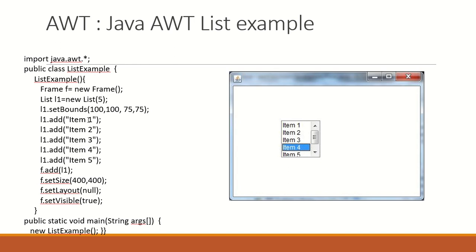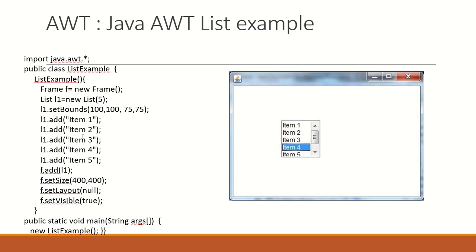This is just the label that has to appear on the item. Similarly, till item5 you are going to add each item into the list. Now your list is ready. L1 is a list which has 5 items, item1 to item5.